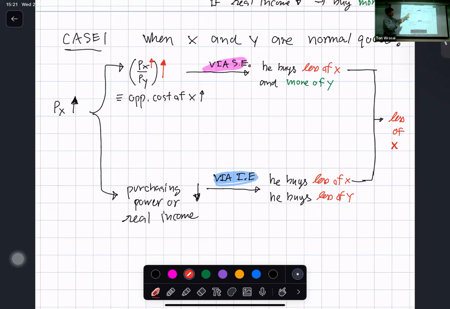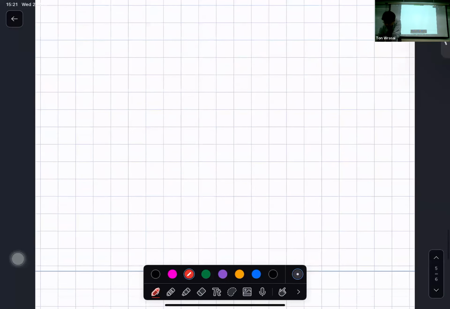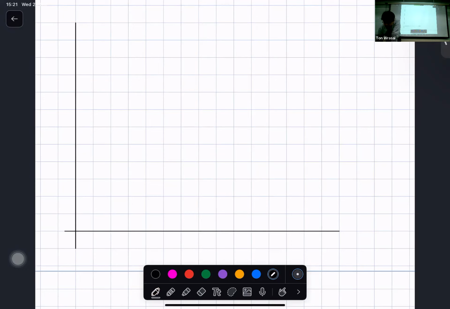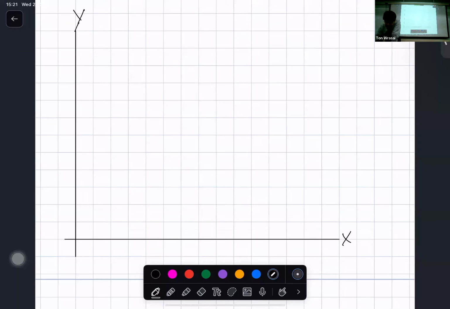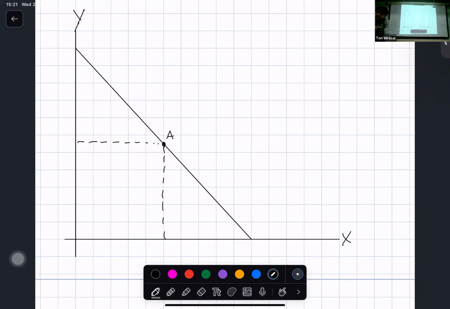Now we will translate this diagram into a picture. Okay, now this part is quite technical.